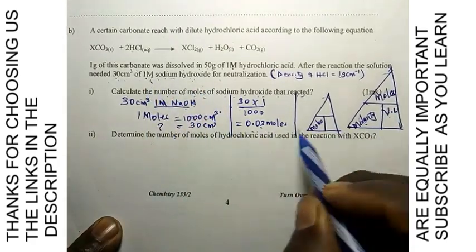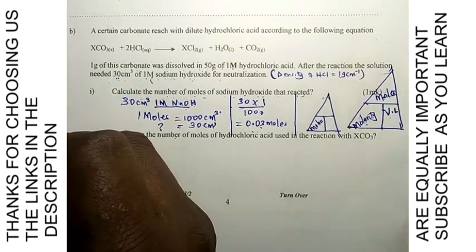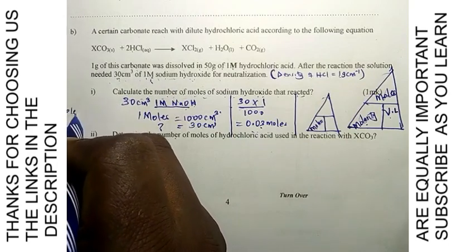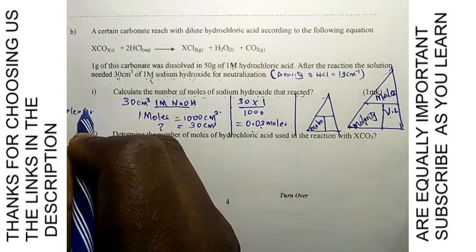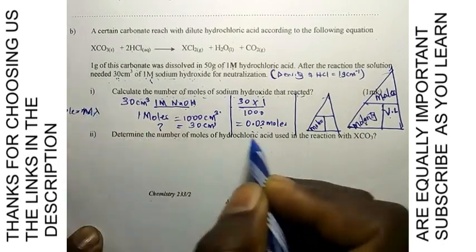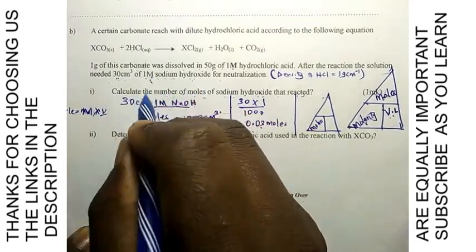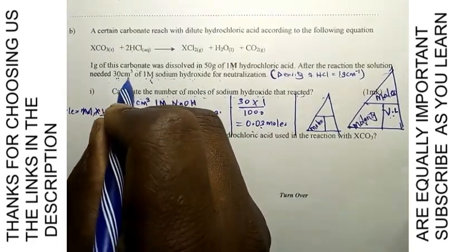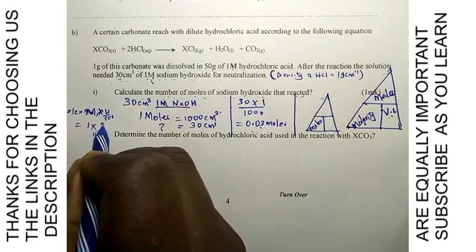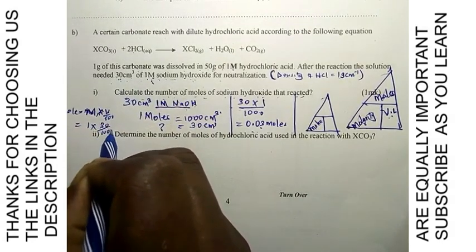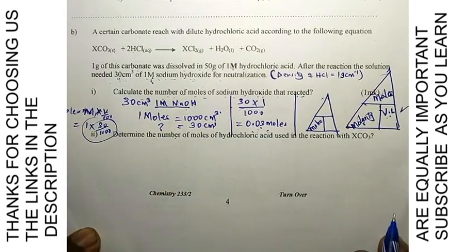We have the volume, it is 30, and then we want moles. So moles equal to molarity, let me use M, times volume in liters. The volume must be in liters, so we convert from centimeters cube to liters by dividing by 1,000. So it will be 1 times the volume, which is 30, divided by 1,000. This one will give you 0.03. So you can as well use this triangle. It is important.